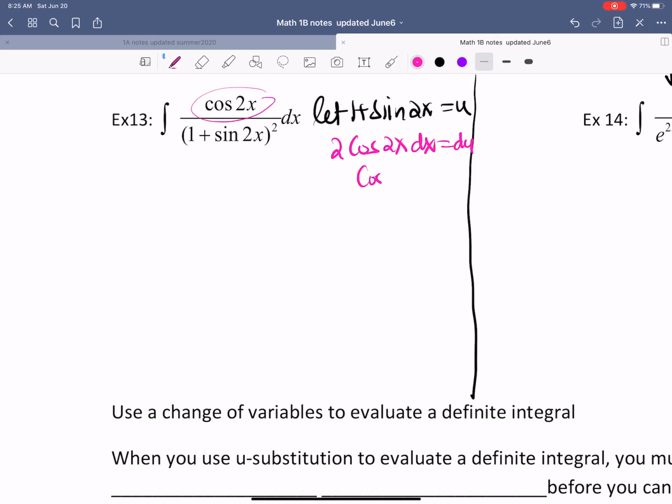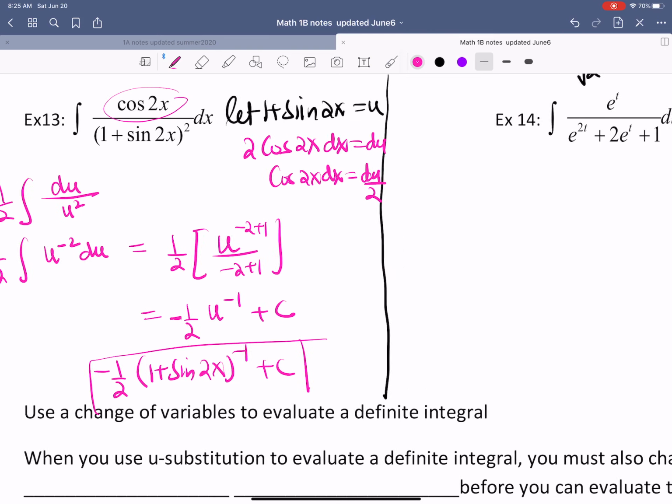So I have half of du over u squared. Now we can take it to the top, add 1 to the exponent and divide by the new exponent. That turns out to be 1/2 u to the power negative 1, and I have negative 1 in the denominator, which makes it positive, plus c. Negative 1/2 times 1 plus sine 2x to the power negative 1 plus c. And that's what our integral will be equal to.